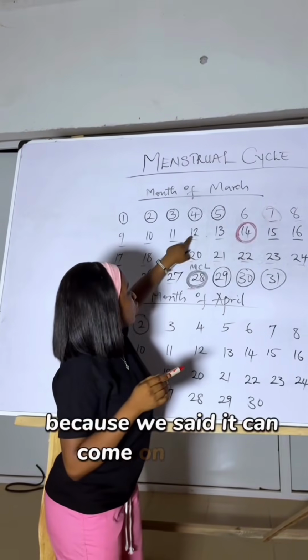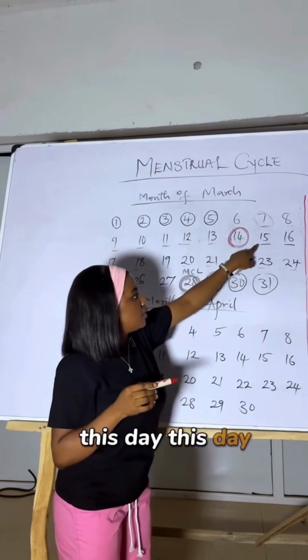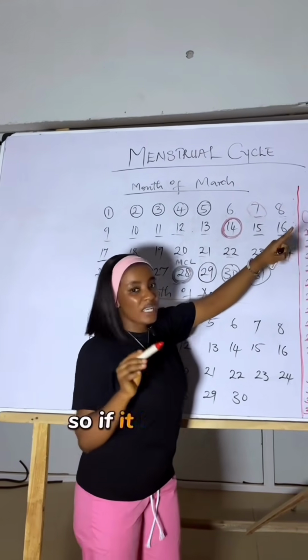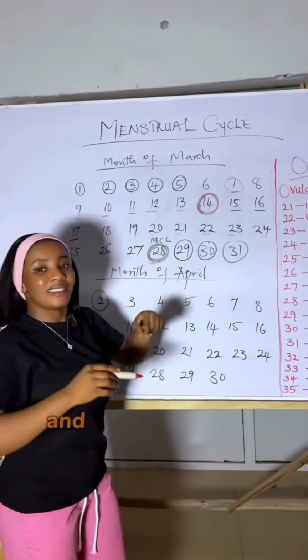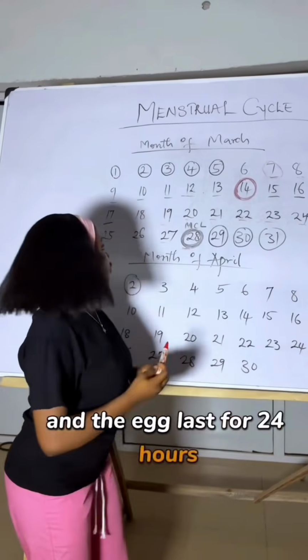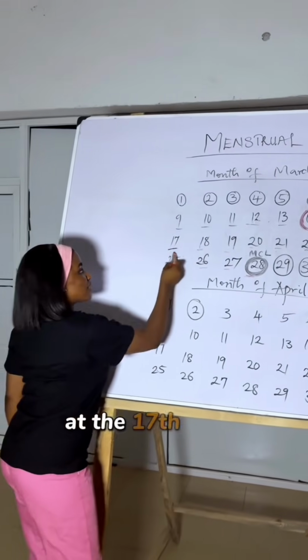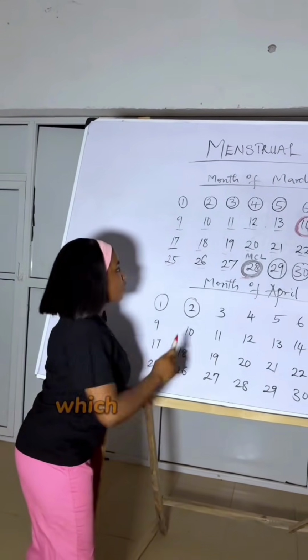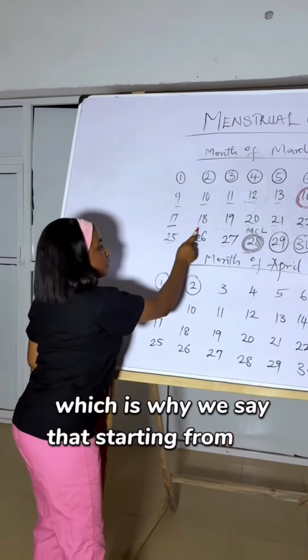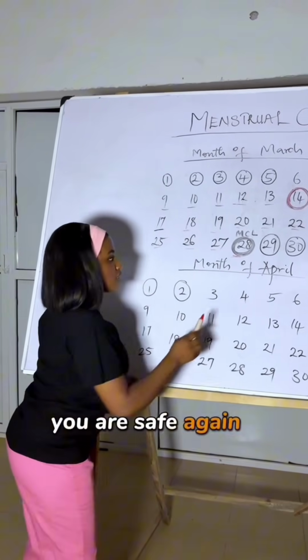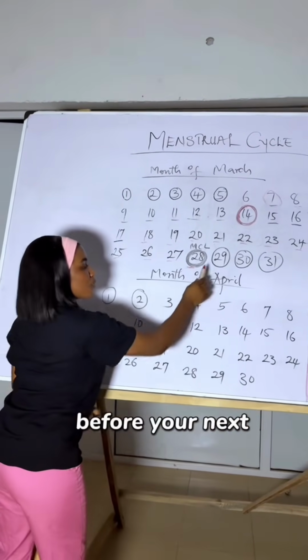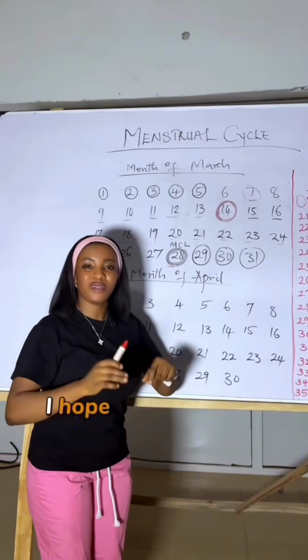Because we said it can come on this day, this day, this day, this day, or this day. So if it happens to come on this 16th and the egg lasts for 24 hours, we believe that the egg released on 16th, at day 17th, must have died off, which is why we say that starting from day 18, you are safe again till day 28 before your next period starts. I hope this is clear.